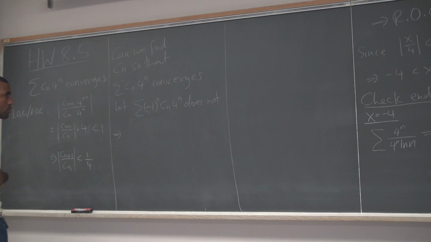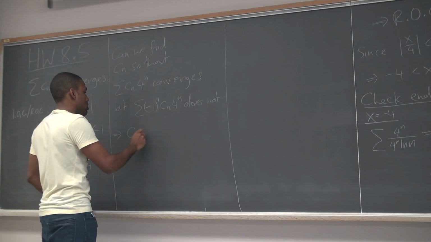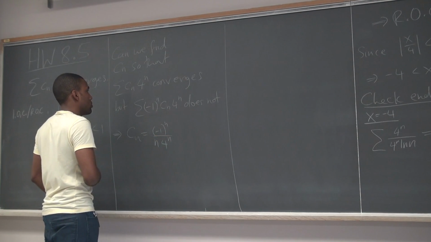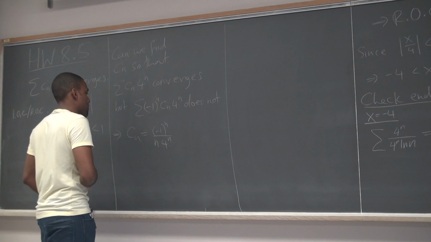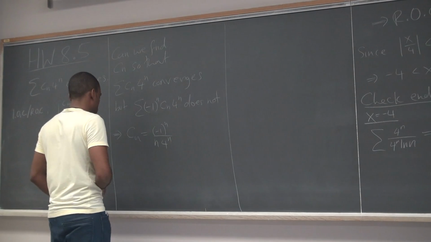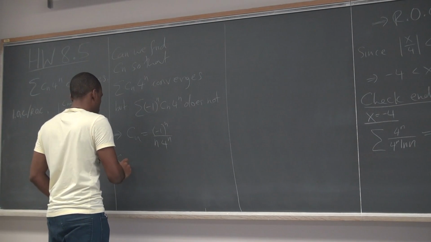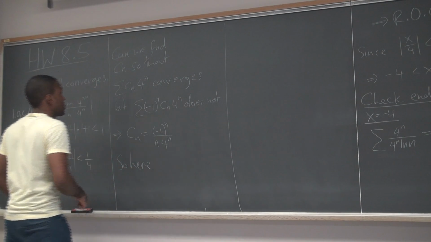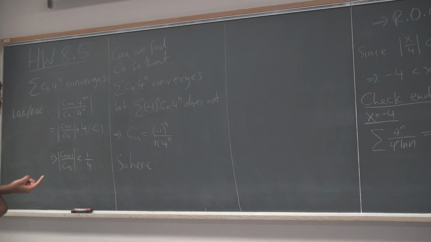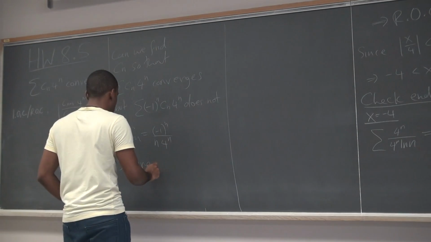If you divide by 4 and multiply, it becomes a harmonic series. So something like Cn equals minus 1 to the n over n 4 to the n. Forgot Cn here is a real number, so it can have negative signs, which is where our absolute convergence trick there might not work.